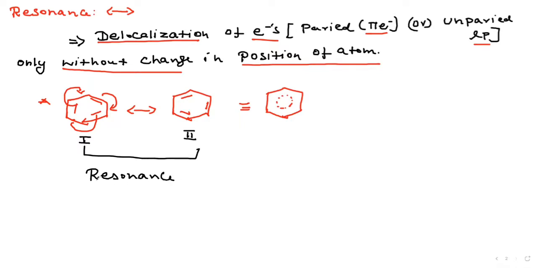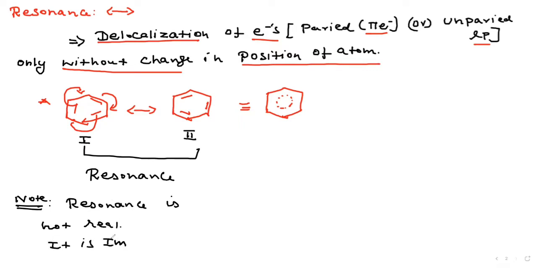Please note, resonance is imaginary, not real. This third structure is called the hybrid structure, and this is actually real.